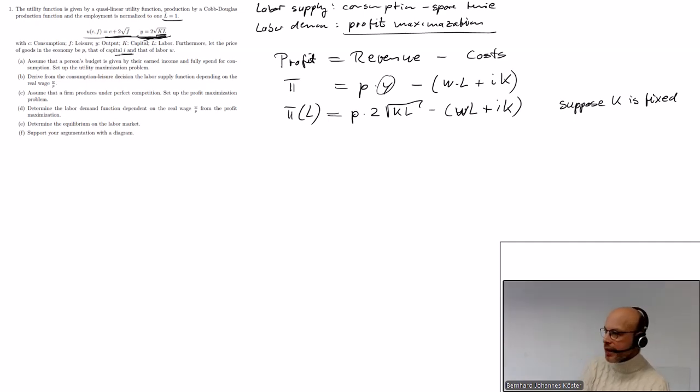What I have to do technically in order to maximize a function is take the derivative, of course, and now the derivative with respect to L only. In the end, to be sure that you really have a maximum, you in general also have to take the second derivative, insert the zero point of the first derivative, and check whether it is negative, so that I have a maximum.